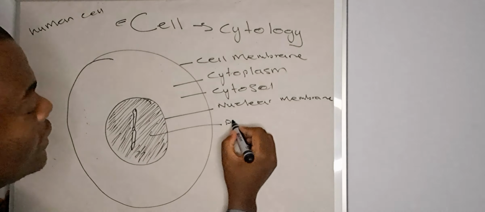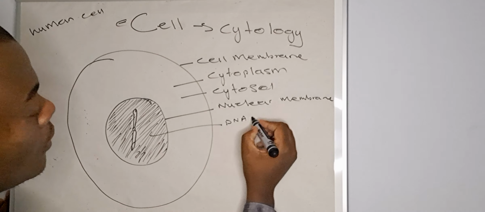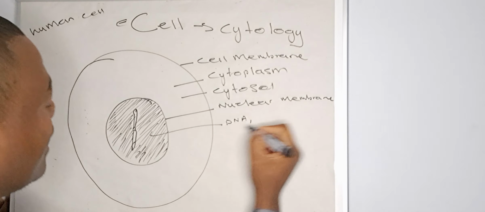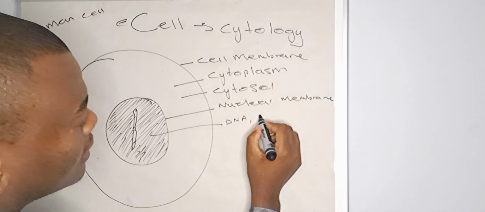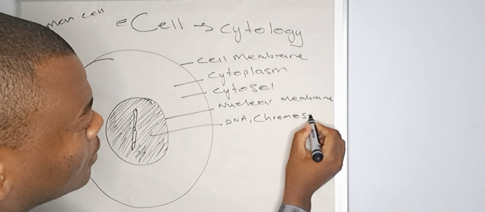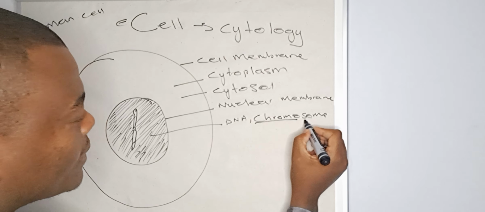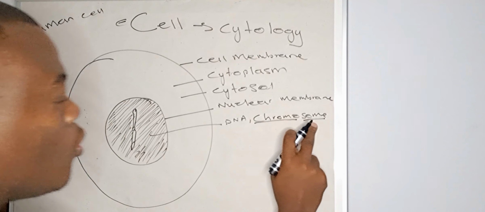Inside, there is DNA, deoxyribonucleic acid, or you can rather say a colored body. Colored body is a chromosome. Chromo means color, some means body.